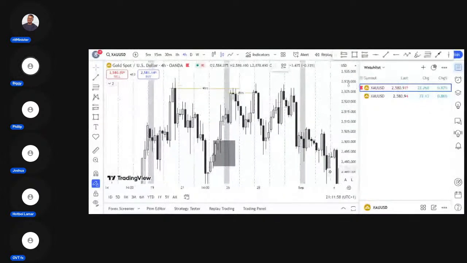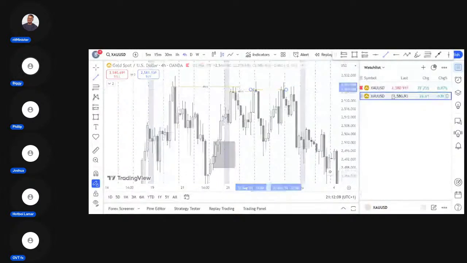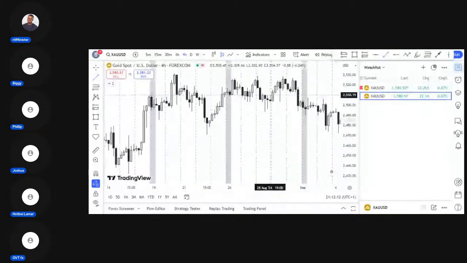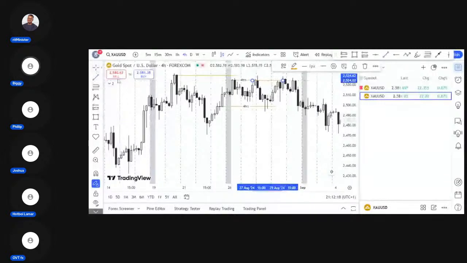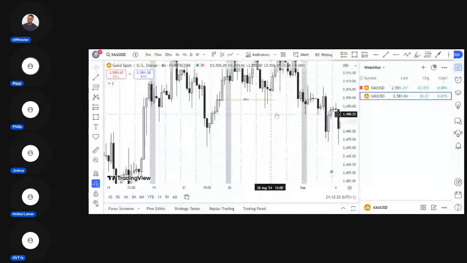The same thing happened here. This was on Oanda. I think on Oanda the price respected this zone, but on forex.com that zone was violated. That's why it's good you use both charts to know when a zone is actually holding.